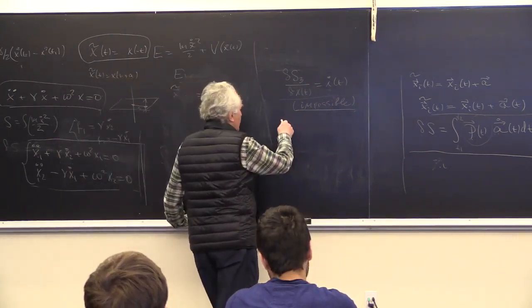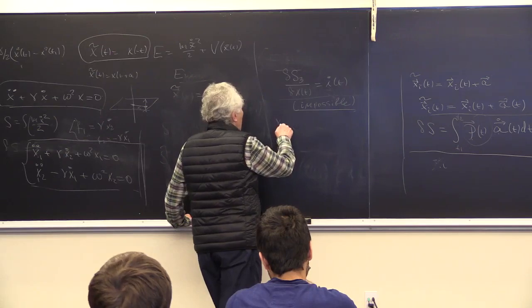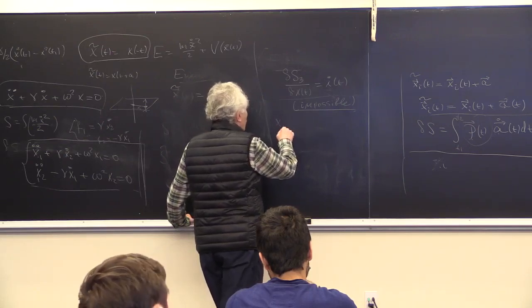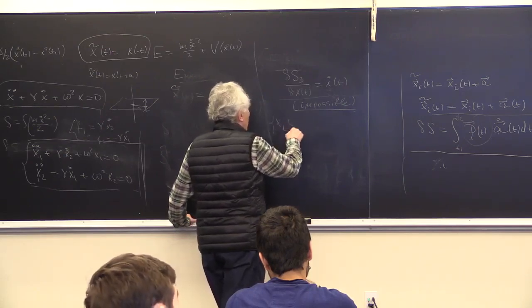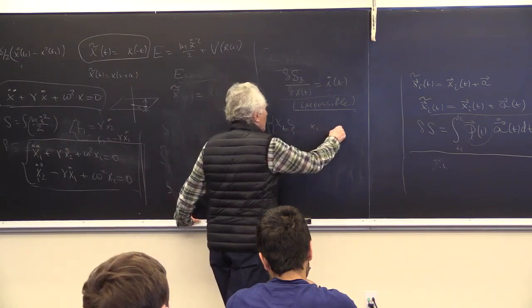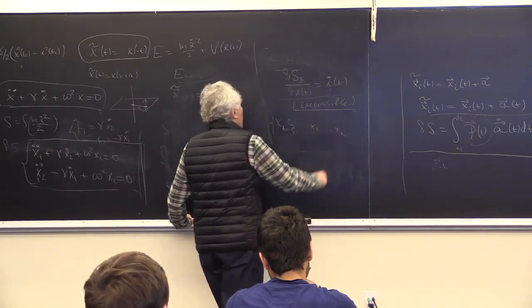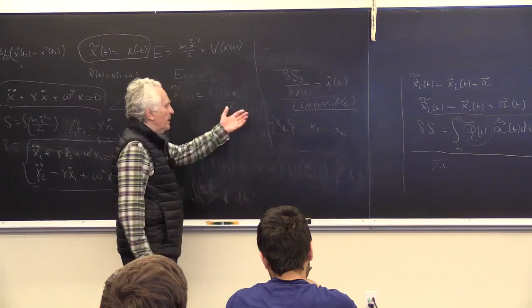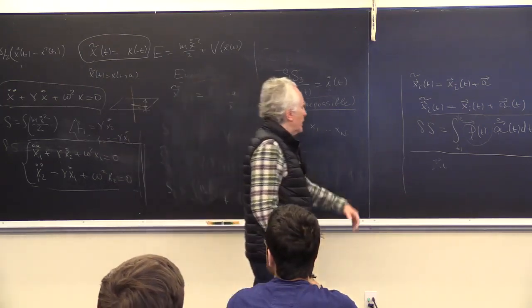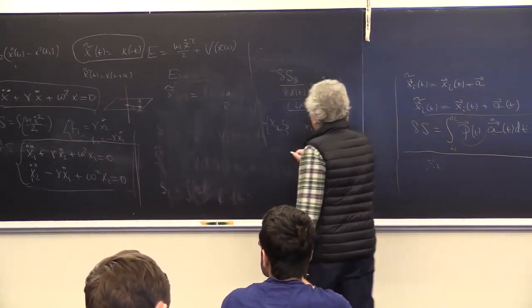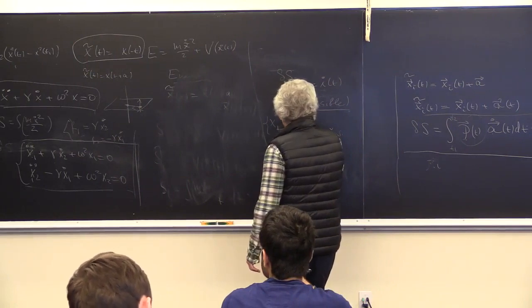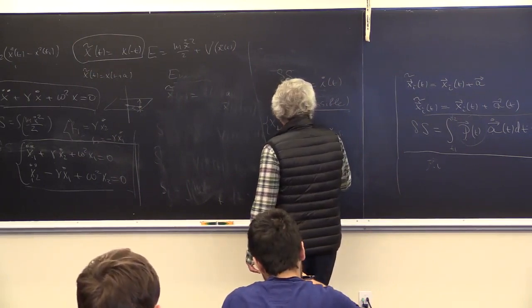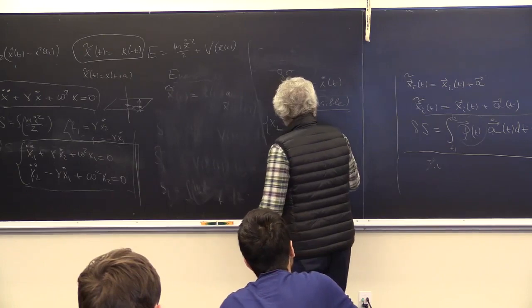As we discussed several times, we now have variables x_t, x_1, where t is discrete time, so we discretize time. And the action is some function of these.